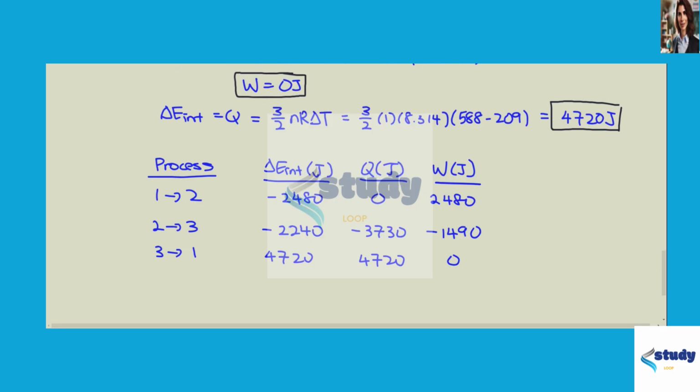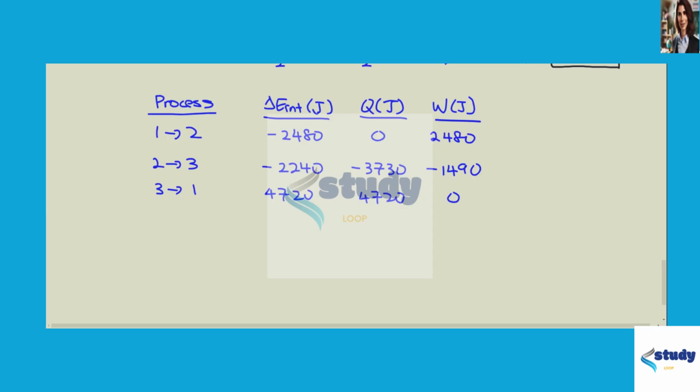Then in part D, for the whole cycle, we just follow through the table. Delta E internal is 0, Q is 990 joules, W is 990 joules.